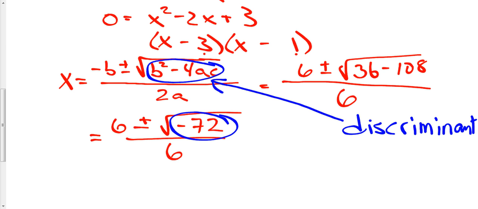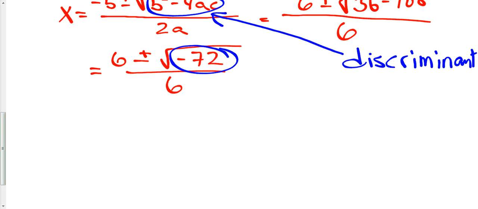Why do we call it the discriminant? It helps us to discriminate. It tells me what kind of quadratic function I have. It tells me how many zeros my quadratic function has.